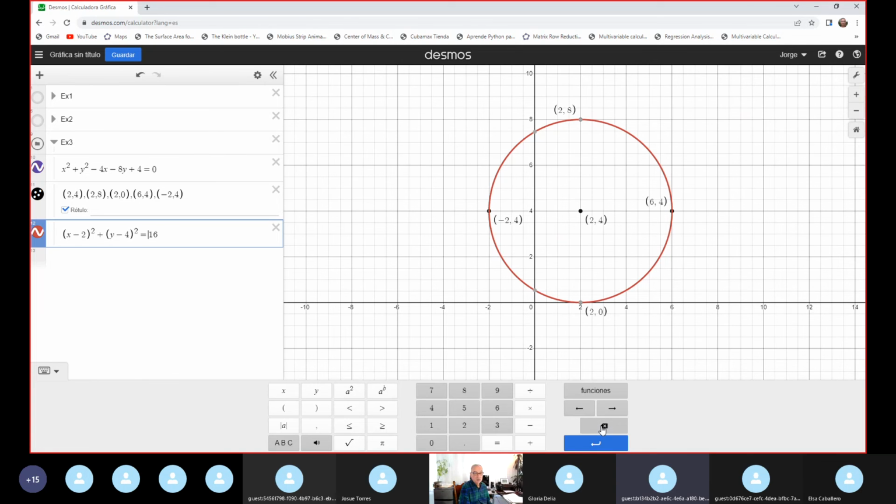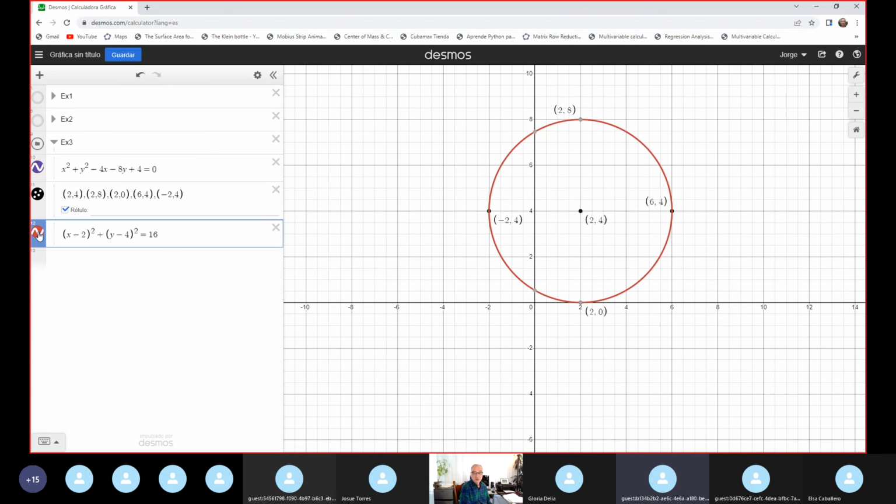No, only one. And red color. And you see the perfect coincidence between the purple equation and the red. So that means they are algebraically and geometrically equivalent. Super cool. Do you like that? I love that.